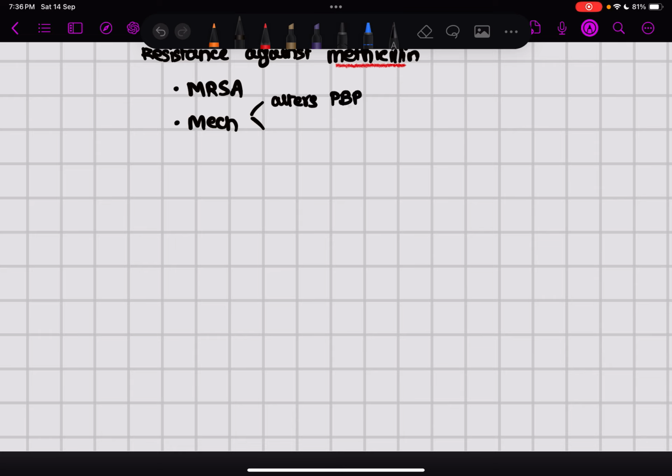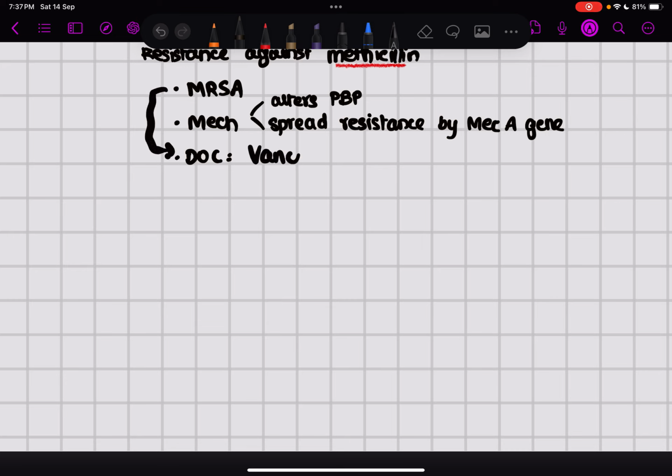It alters penicillin binding protein and spreads resistance by the MEC A gene. The drug of choice against methicillin resistant Staphylococcus aureus is vancomycin.